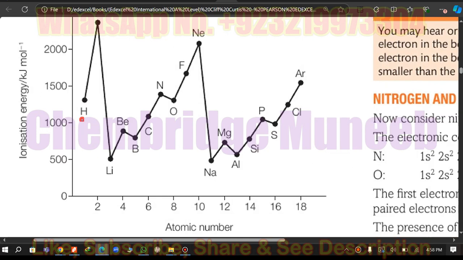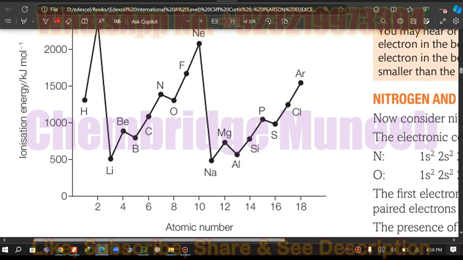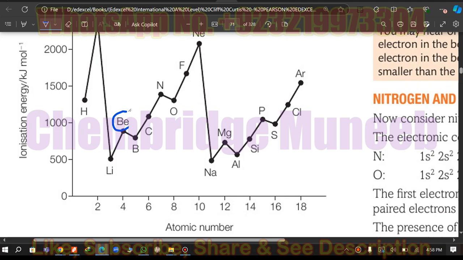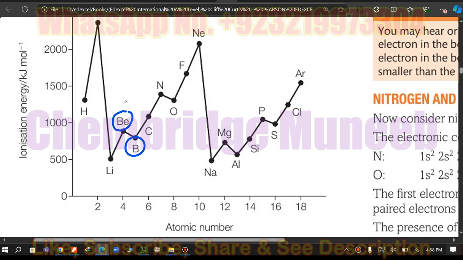You can clearly see here the ionization energy is decreasing from group number 2 to group number 3, and then it again decreases from group 5A to 6A.